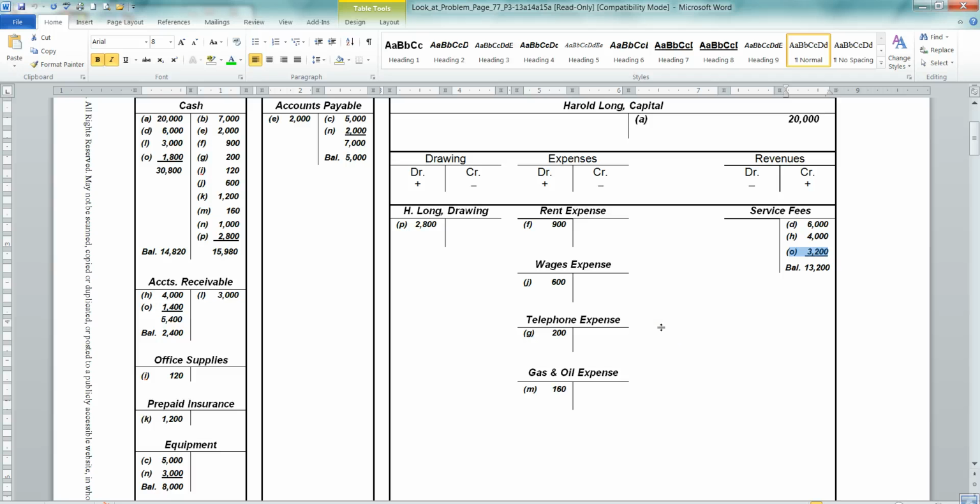Withdraw cash at the end of the month because we want to get paid too. So we go to our drawing account and debit $2,800, and we reduce our cash with a credit of $2,800.